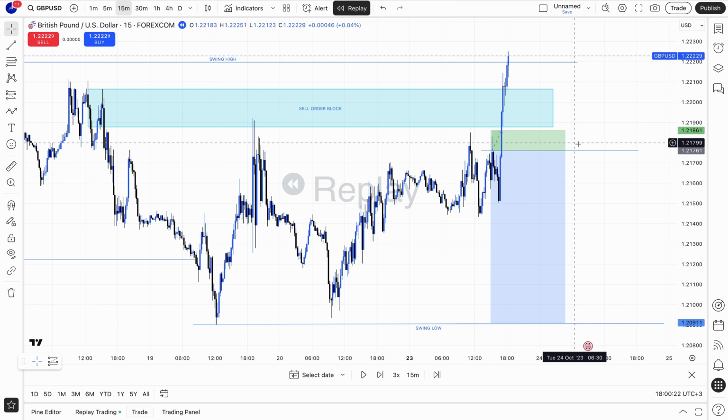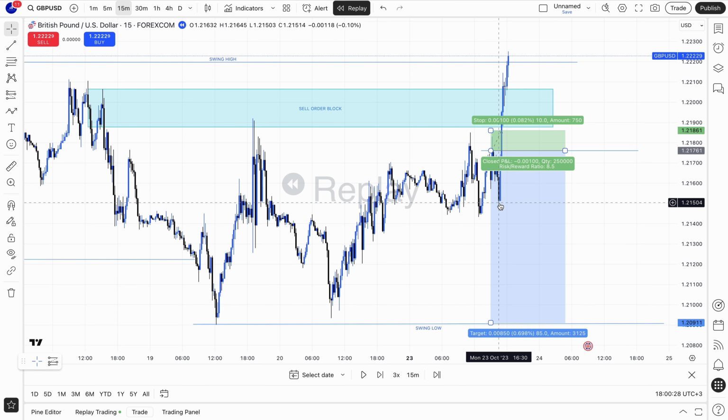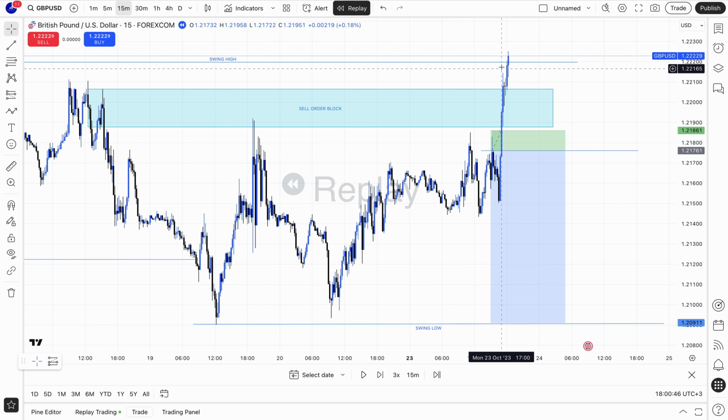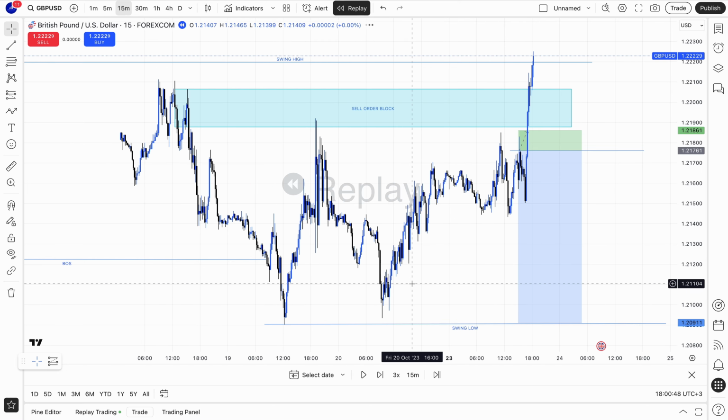We moved our stop loss to break even, then the market just went up. I'm pretty sure, when was that? 23rd October 2023. Yeah, we had news. That's why the market reacted like this.